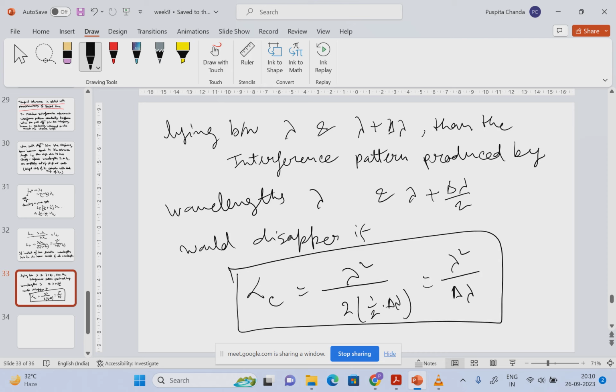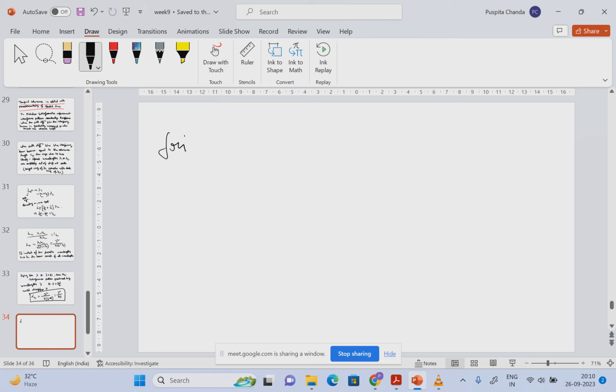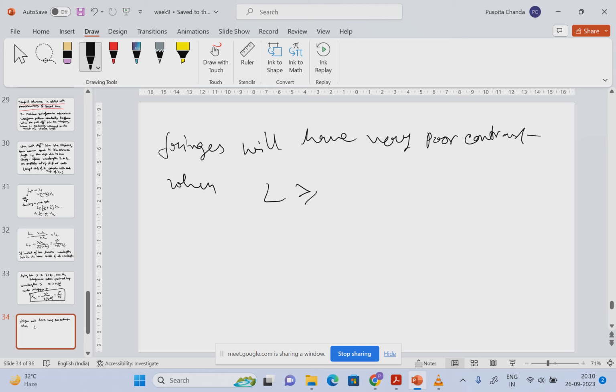Now, for each wavelength lying between lambda and lambda plus half of delta lambda, there is a corresponding wavelength such that the minima of one fall on the maxima of the other, causing the fringes to disappear. But the fringes will have a very poor contrast when L is greater than lambda square by delta lambda, or delta lambda is greater than lambda square by LC.